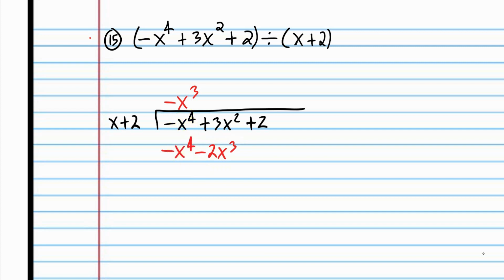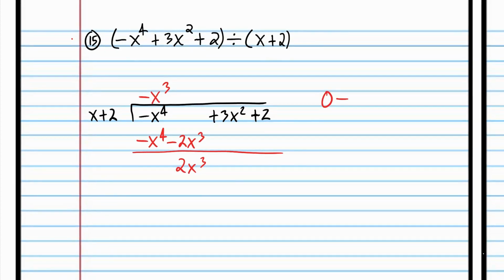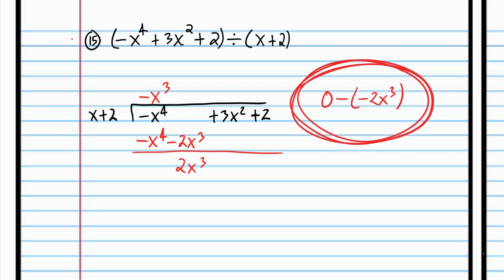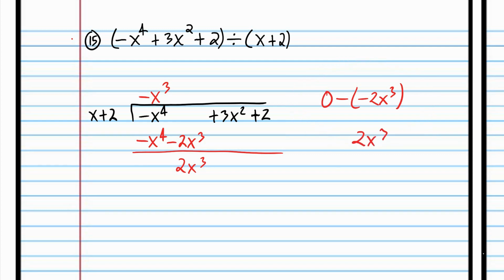So we're going to move the top numbers, and then we're going to subtract nothing minus negative 2x cubed. What would that be? Nothing minus negative 2x cubed would be 2x cubed, because you're subtracting a negative from 0. That double negative becomes a positive, so we have positive 2x cubed, which we put here.